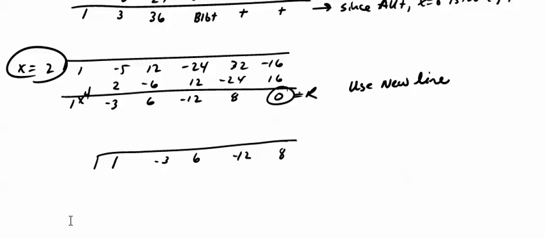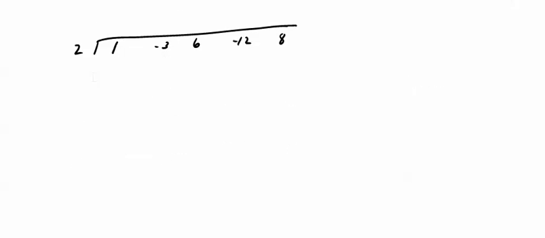So my choices are to do any of the negatives, and also I can use 1, or I could also use 2. I could use 2 again because it could be a double root. Let's see what happens when I use 2.